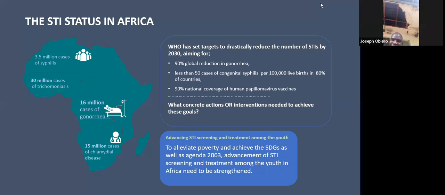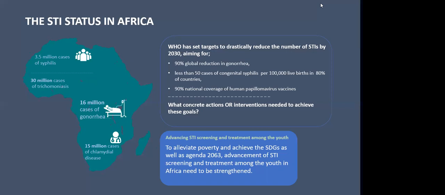Robinson. Yes, I'm saying, Joseph, that in terms of preventing the spread of STIs, one of the key aspects is providing accessories. And when I talk of accessories, I mean things like condoms for youth, because we agree that the young population are engaging in sexual intercourse.